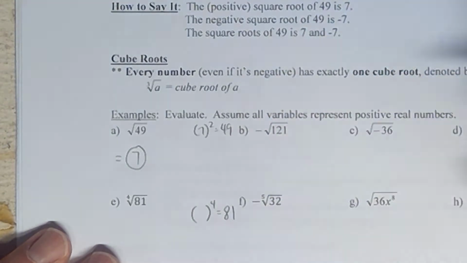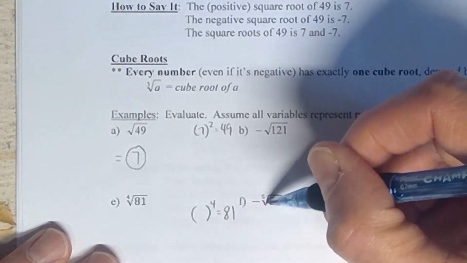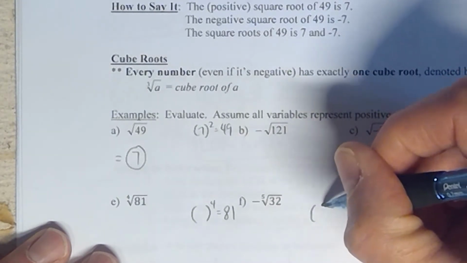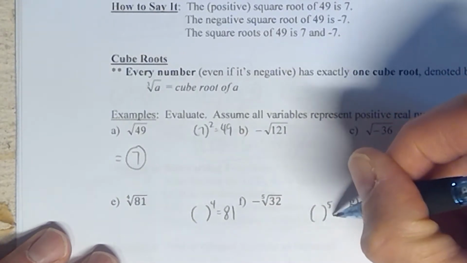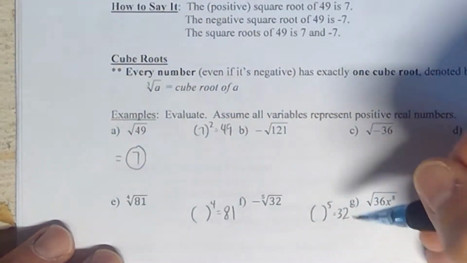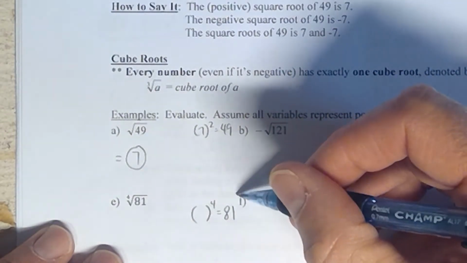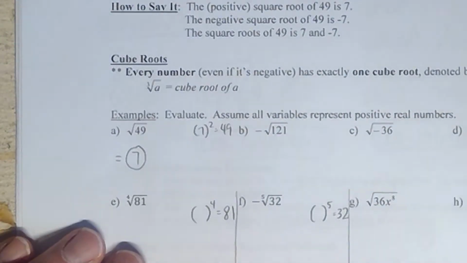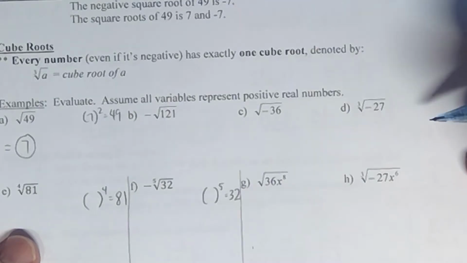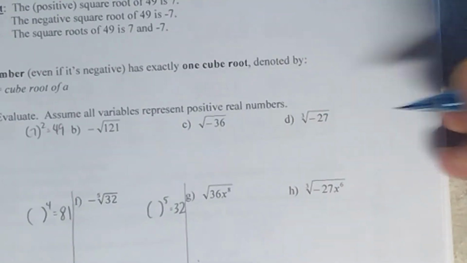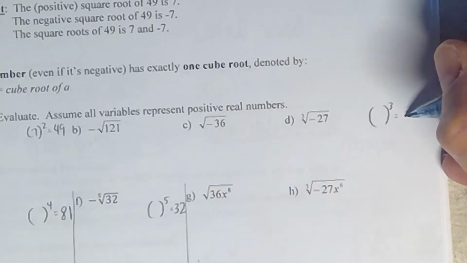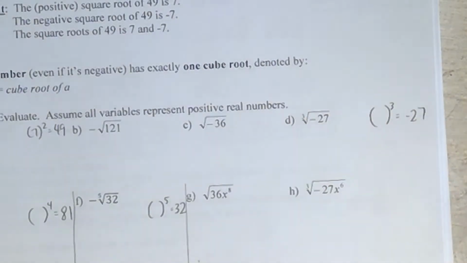Because it has that little 5 in between that little V shape in the radical, that little 5 means what number do you take to the 5th power that equals 32? And that negative sign is separate. I'll talk about what that means in just a minute, when we get to that problem. And in the same way, over here, because that's a little 3, they're asking what number to the 3rd power is equal to the number on the inside, 27.